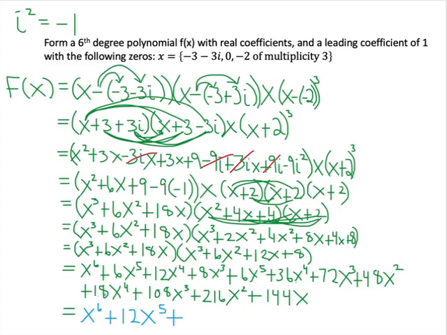Plus 18x to the 4th is going to be 66x to the 4th. Plus 8x cubed and 72x cubed is going to be 80x cubed plus 108x cubed is 188x cubed.